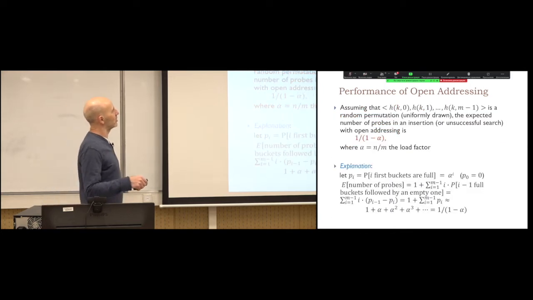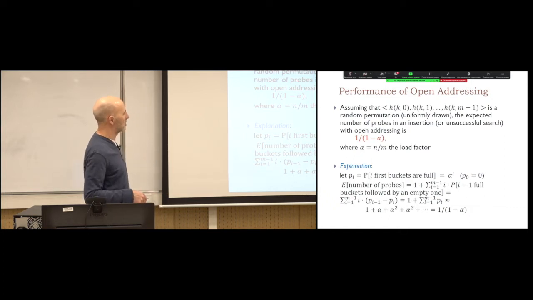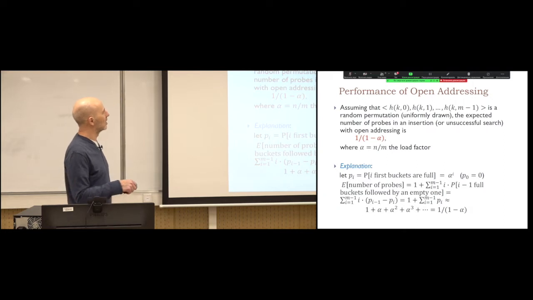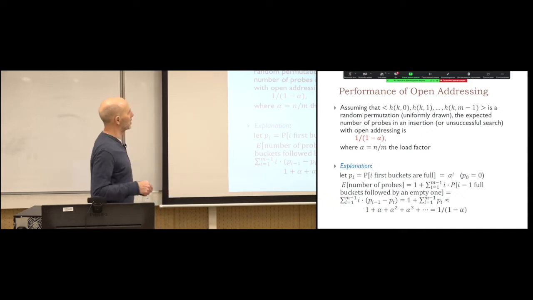Okay, so the performance of open addressing can be proved very easily. Again, I think I will skip the proof because it's not the main focus today. The complexity of insertion of a new object or unsuccessful search, which takes the same time, is given by this formula, which comes from a geometric progression.